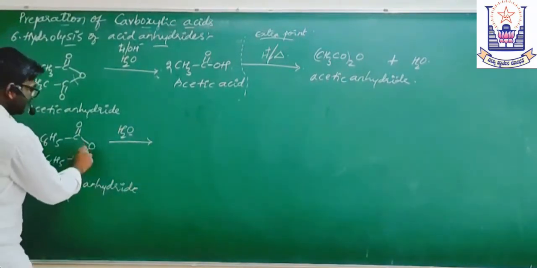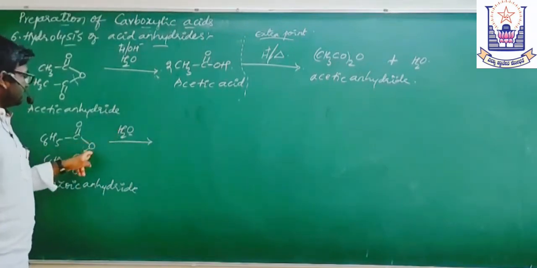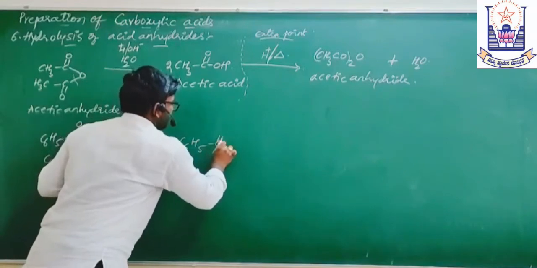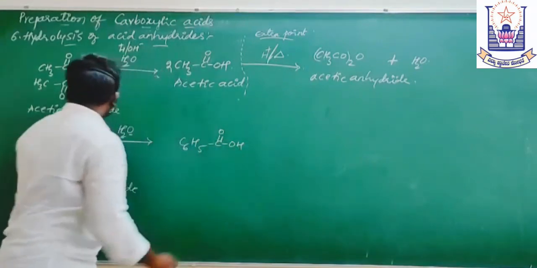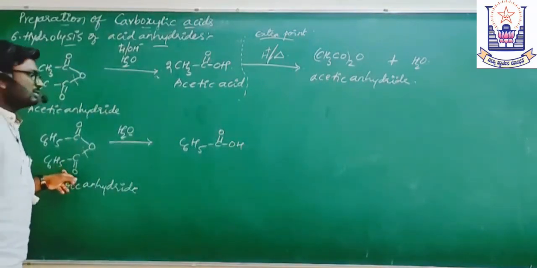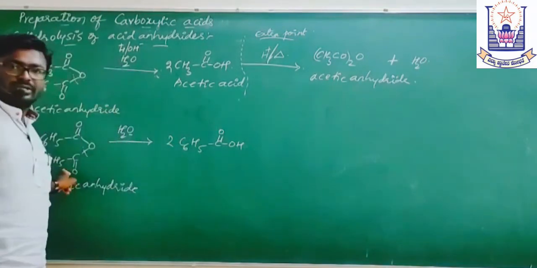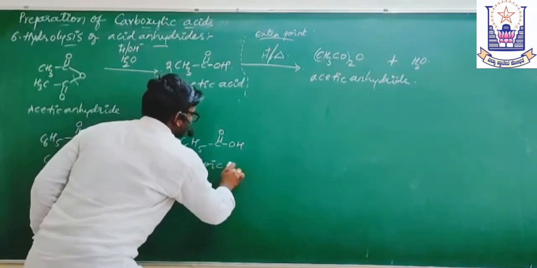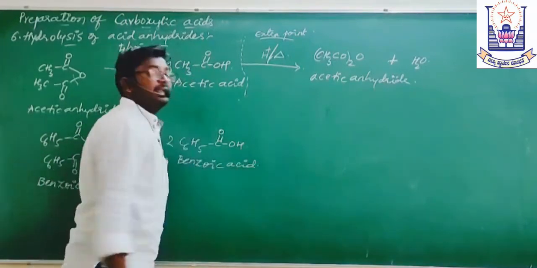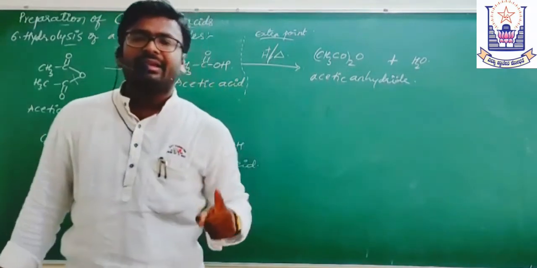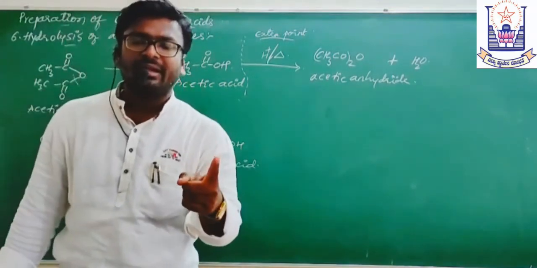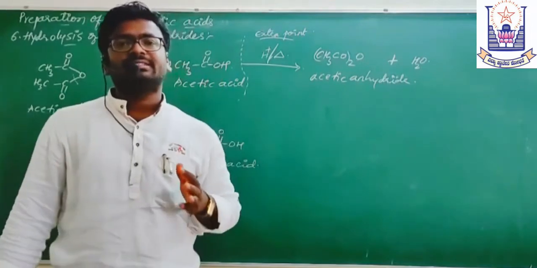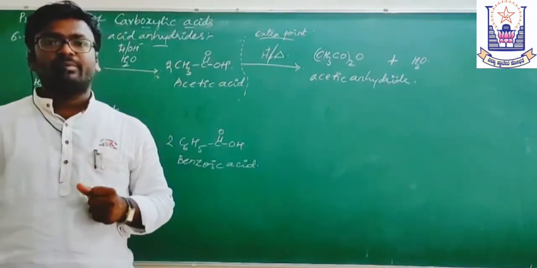For example, here the bond breaks, H plus will join this and give benzoic acid, and OH minus will join this and give one more benzoic acid. Here we are getting 2 moles of benzoic acid. One mole of anhydride will give 2 moles of carboxylic acid on hydrolysis. This you need to remember.